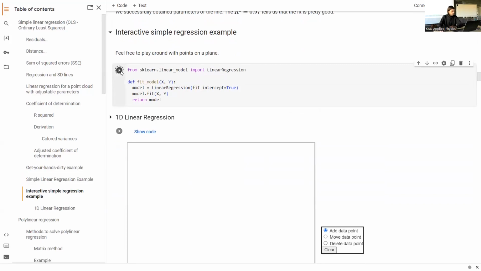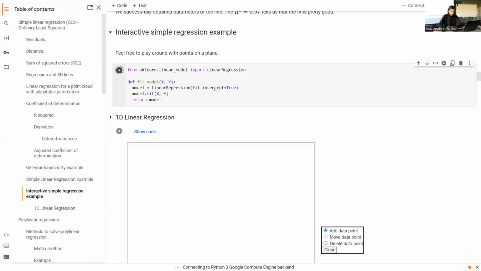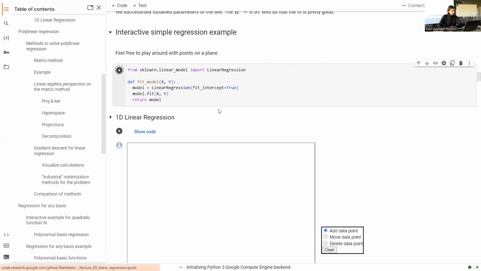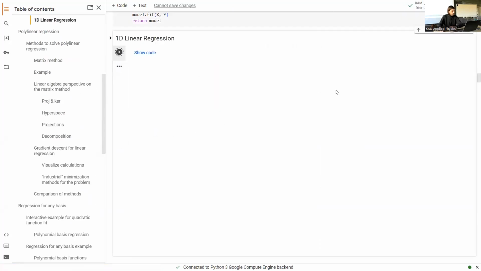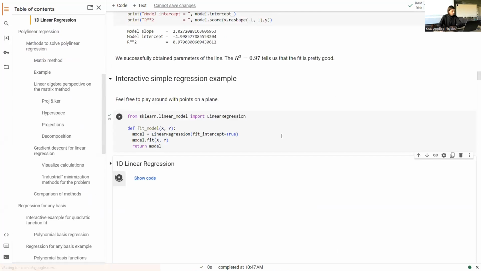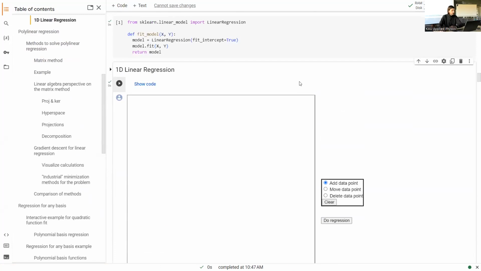Okay, here is a demo, an interactive example with simple linear regression. So hopefully that will start smoothly. And I will show you how linear regression works in sklearn.